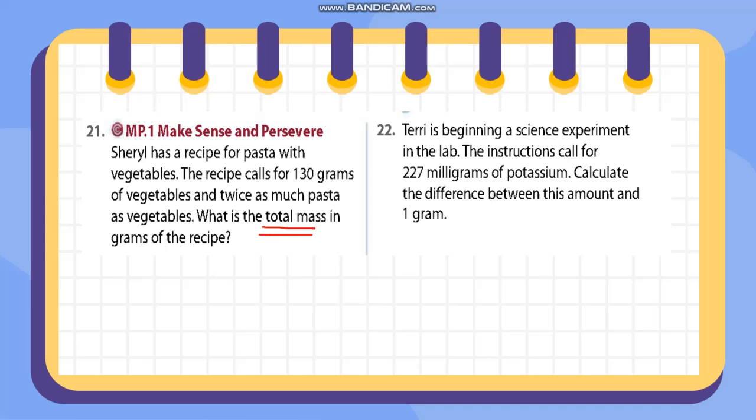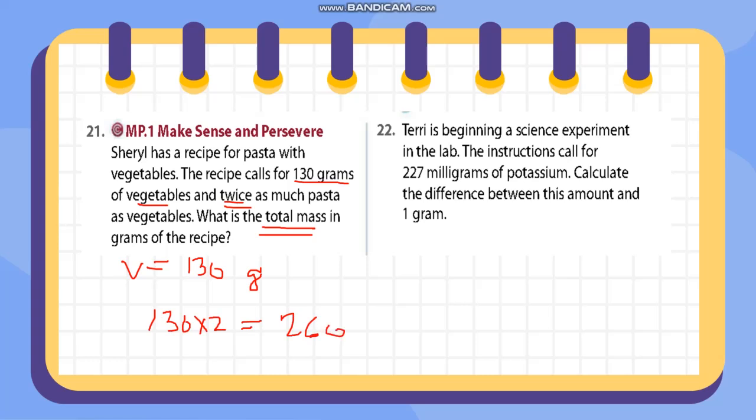The recipe calls for 130 grams of vegetables. So vegetables is equivalent to 130 grams. The other one is twice as much pasta as vegetables. Twice means double. So 130 multiplied by 2 is equivalent to 260.